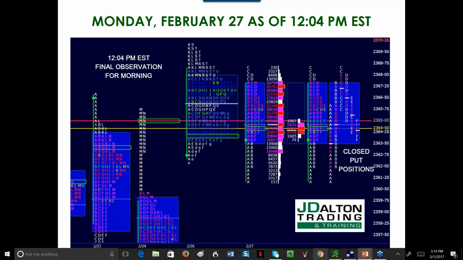The single prints mean more aggressive sellers came in at that point. When it goes up there and you have a poor high where there's no excess, it's probably just liquidation, meaning old business was selling versus new aggressive money. A poor high is no excess.